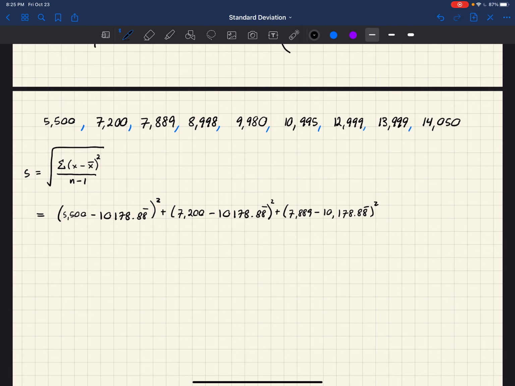Now, this will count as one line, but I'm going to go ahead and break this up into 3 separate lines. But this all will be the top of our fraction.